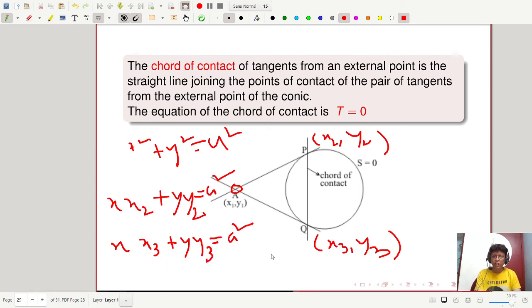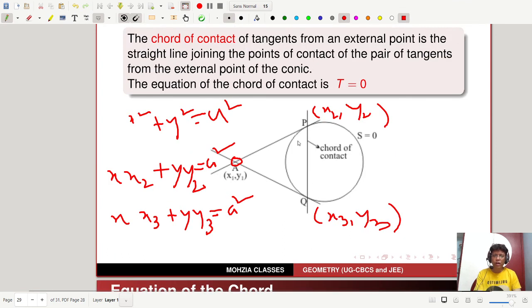Both these lines pass through A. The tangent at P passes through (x1, y1), so it will satisfy: x1 x2 plus y1 y2 equal to a squared, right? And the tangent at Q passes through A, so you can write x1 x3 plus y1 y3 equal to a squared.